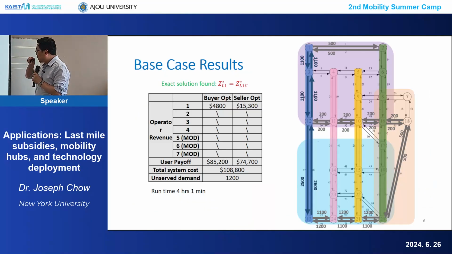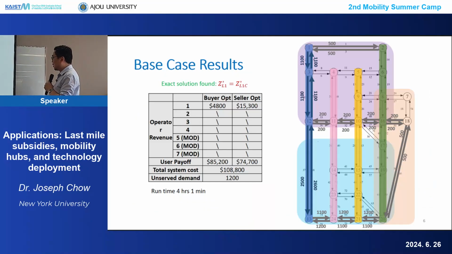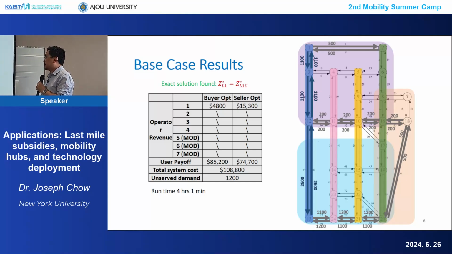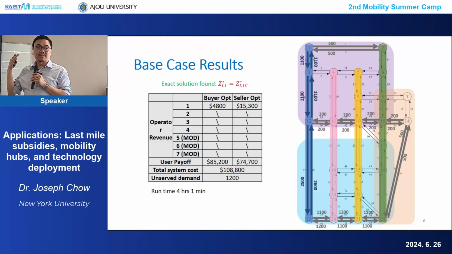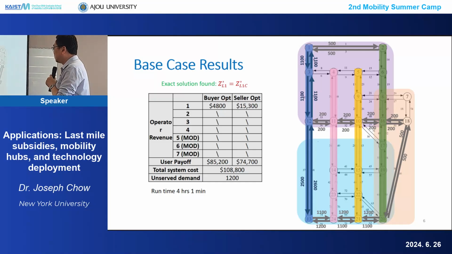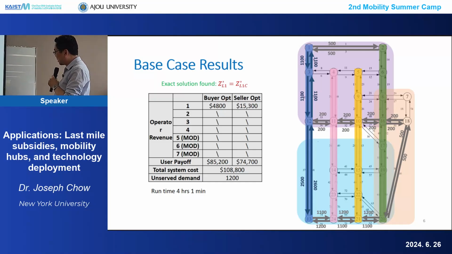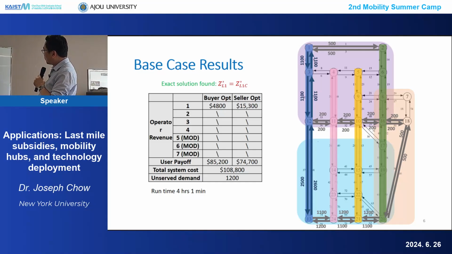All right. So the base case results, if we just ran this based on the parameters that I noted earlier, we would get an exact solution to ZL1, right? So it's a guaranteed optimum. This solution ends up having a lot of people just not using any of the services.